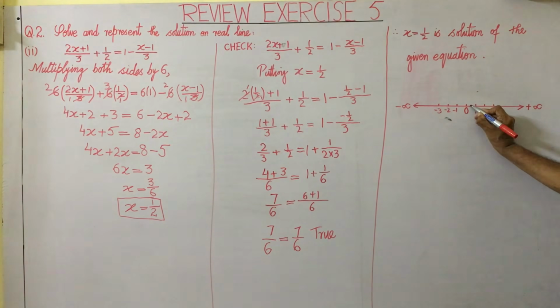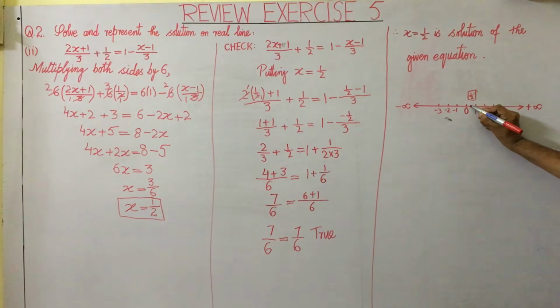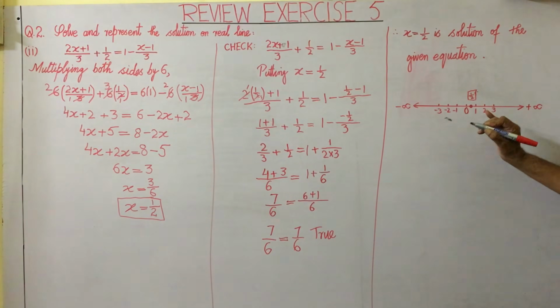The midpoint of 0 and 1 is 1 by 2. So it is represented on the real line.